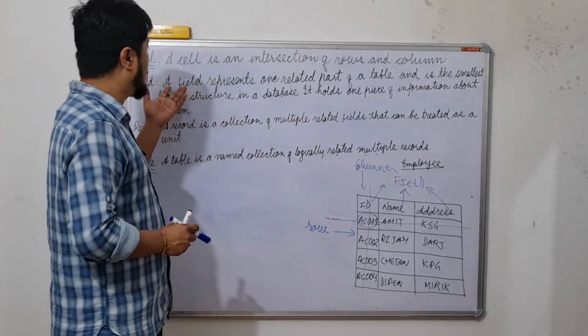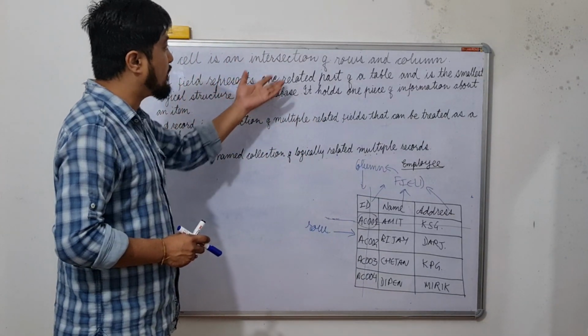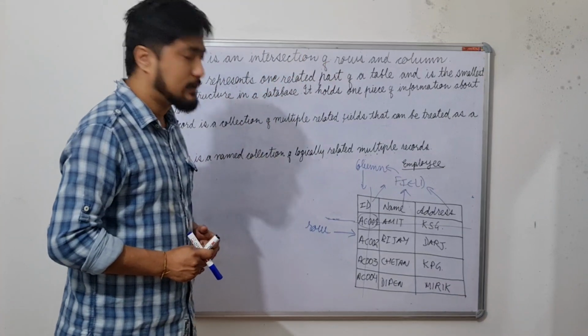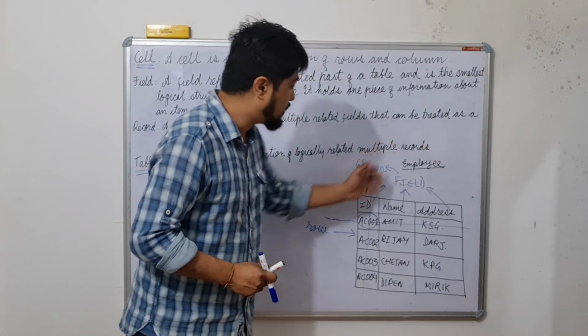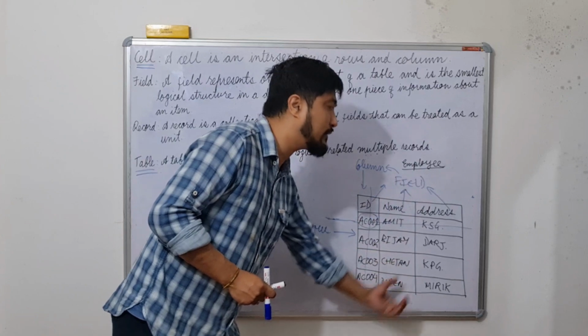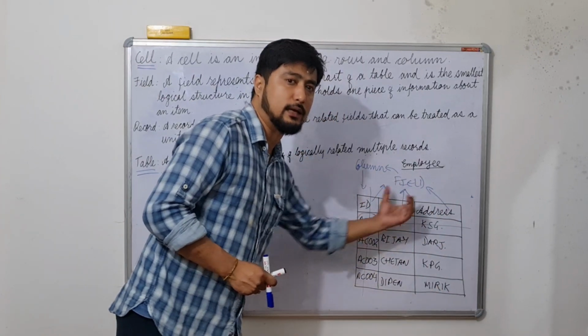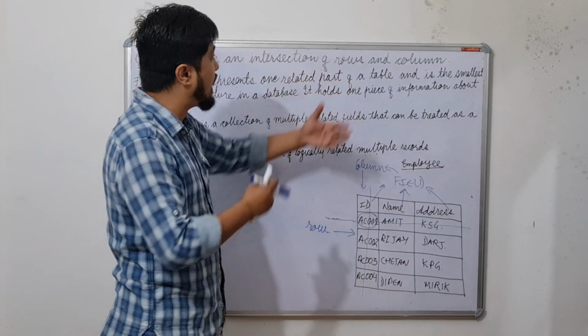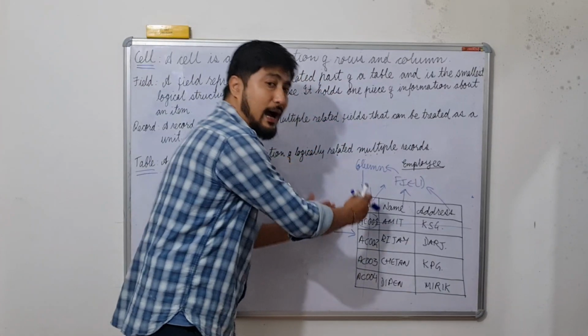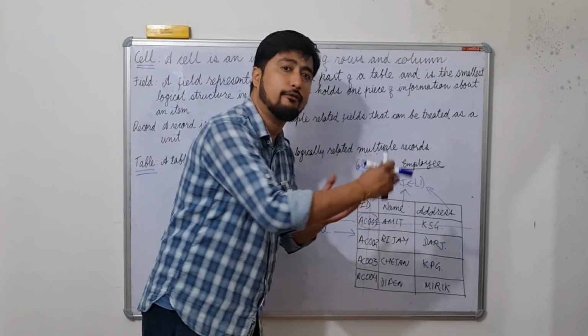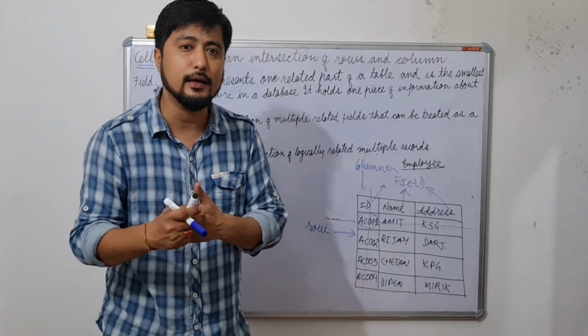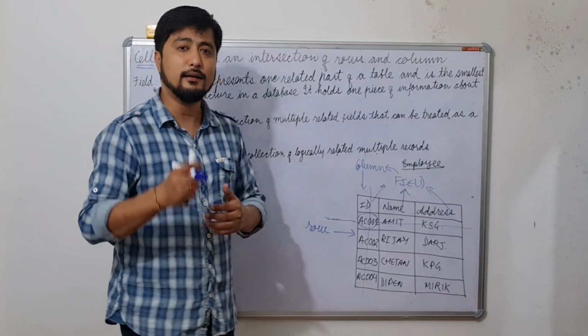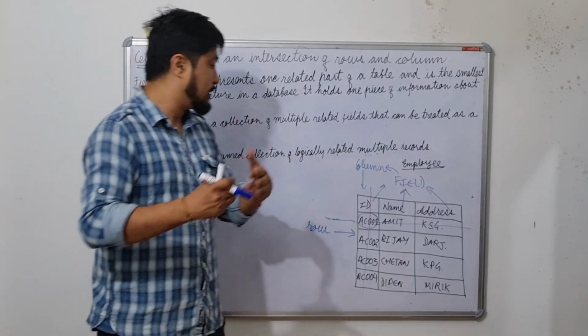Now let us see, a field represents one related part of a table. So this is a table. How many parts are there? There are 3 parts, 3 columns. And why do we call it a related part? Because each and every field is interrelated with the others. How?